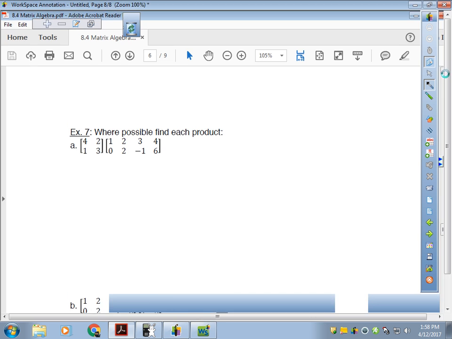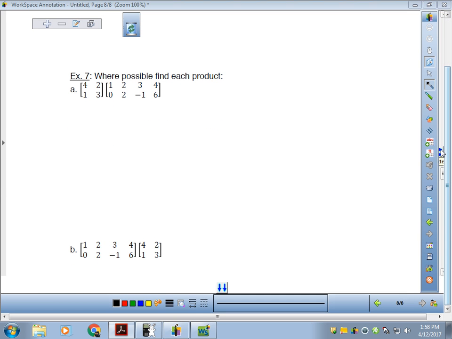Example 7 says, where possible, find each product. So for A, we have this matrix here, 4, 2, 1, 3, and this one 1, 2, 3, 4, 0, 2, negative 1, 6. This matrix is a 2 by 2. This one has 2 rows and 4 columns, so it's a 2 by 4. We look here at the inner numbers.